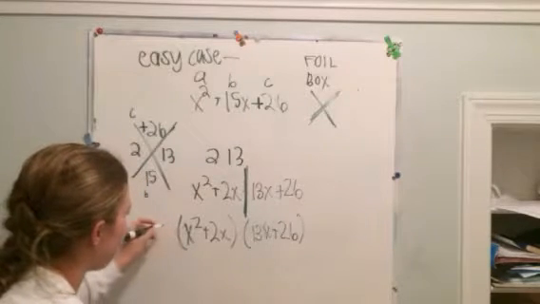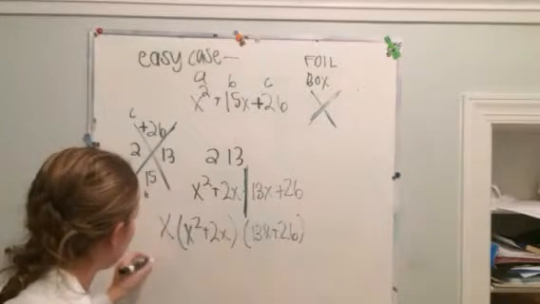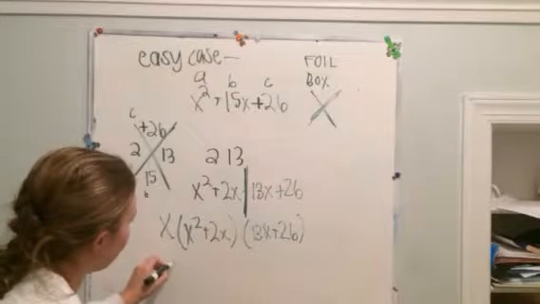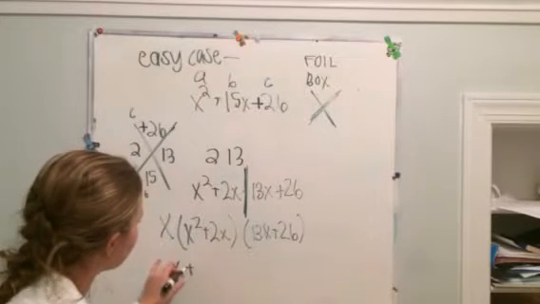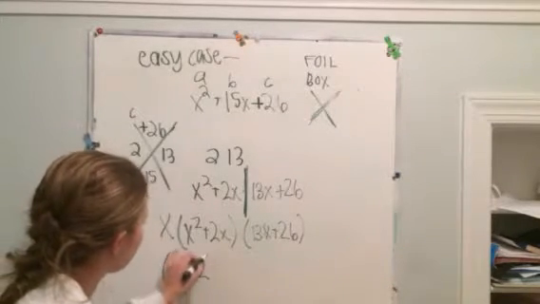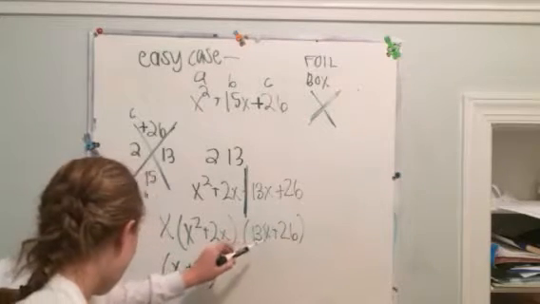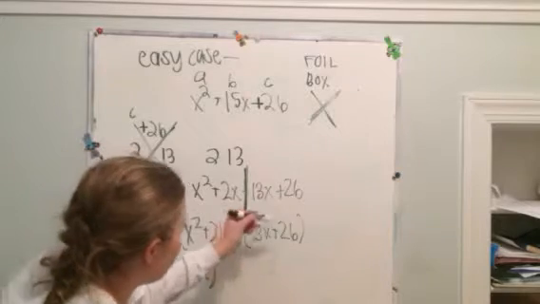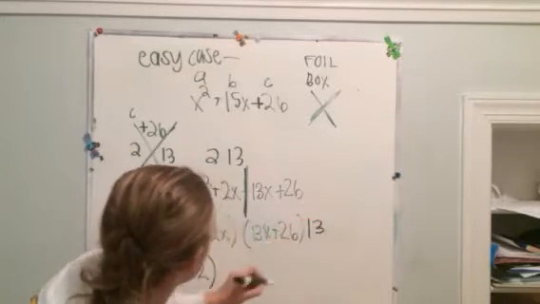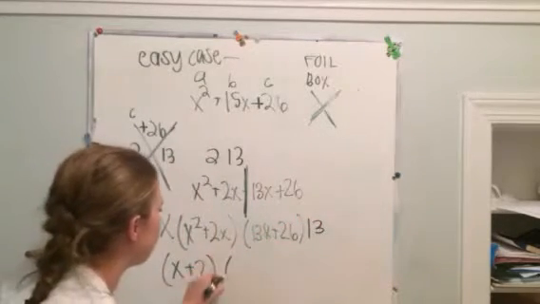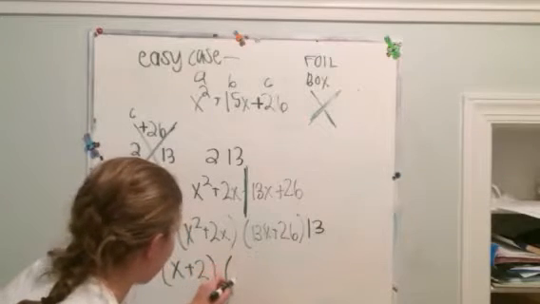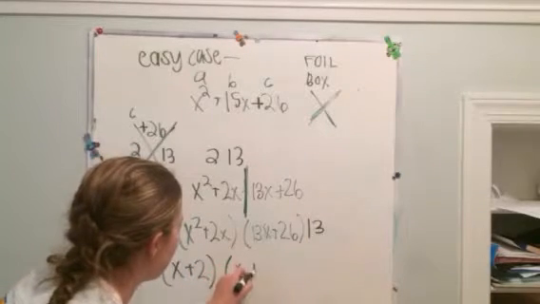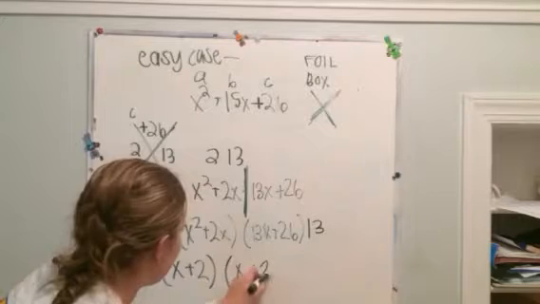For this, we take x out, so it will be x plus 2. And we take positive 13 out of that, so we have x plus 2.